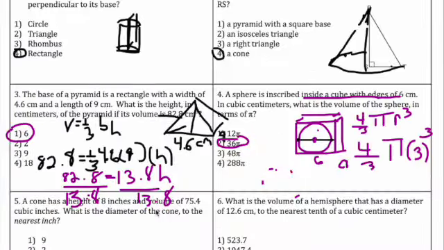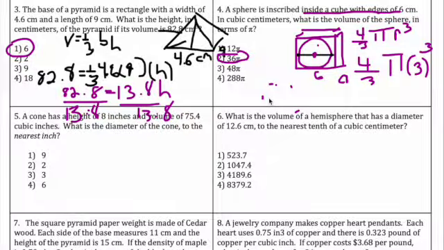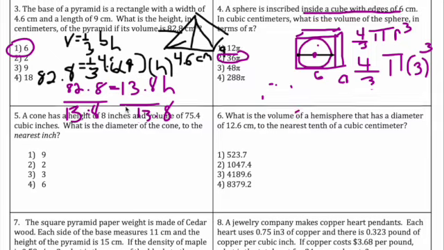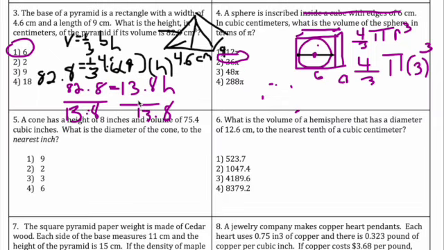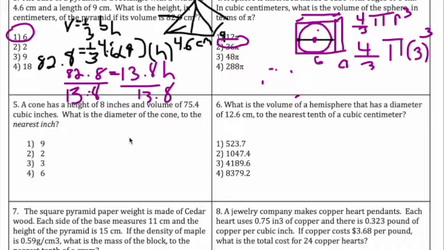Okay, so let's take a look at number 5. Okay, a cone has a height of 8 inches and a volume of 75.4 cubic inches.